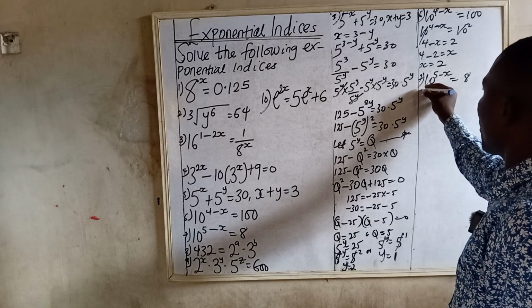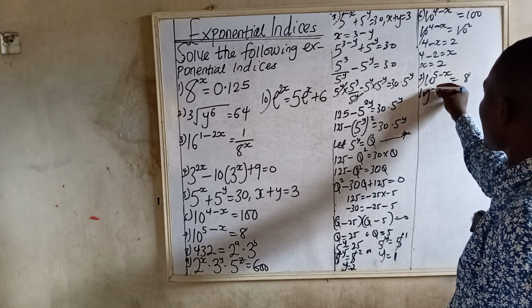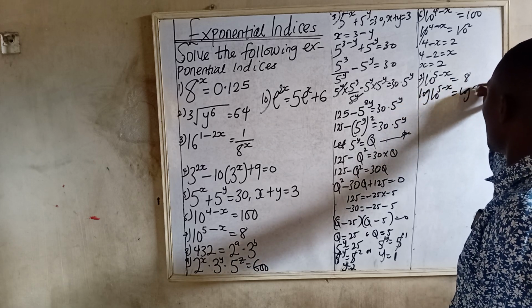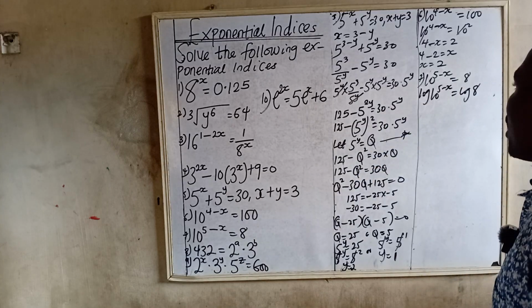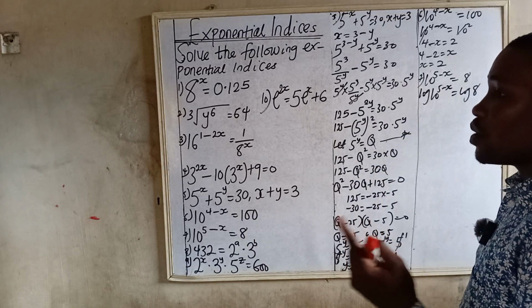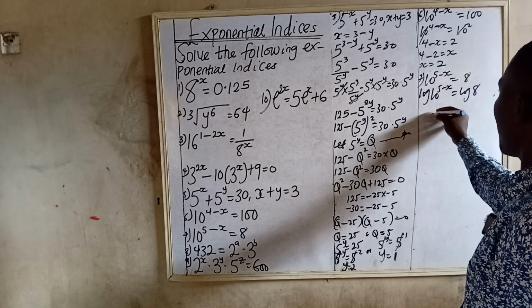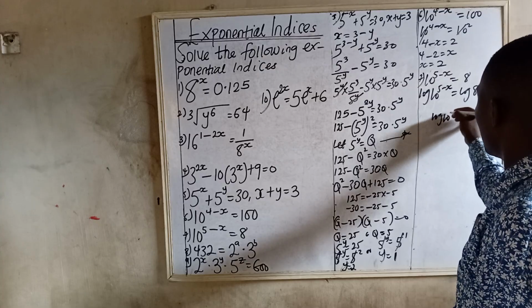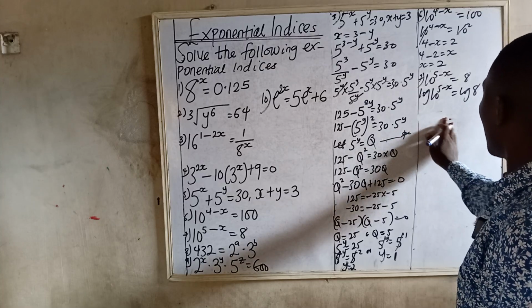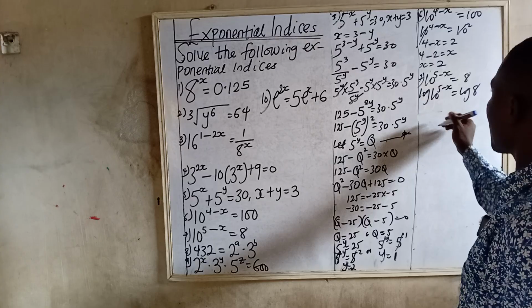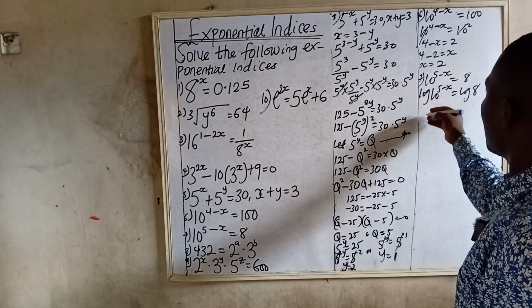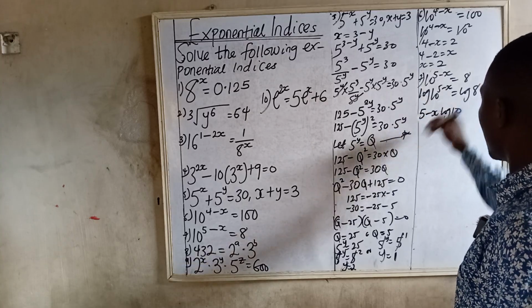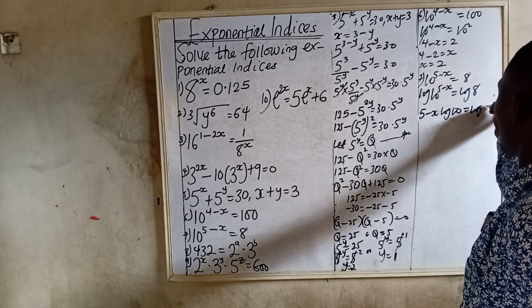So log of 10 to the power 5 minus x is equal to log 8. One of the laws of logarithm says that once we add a log, the power will come down. So it will now be 5 minus x log 10 is equal to what?